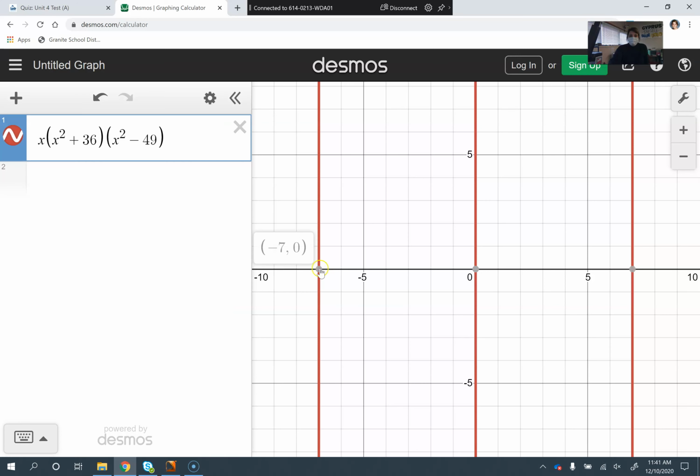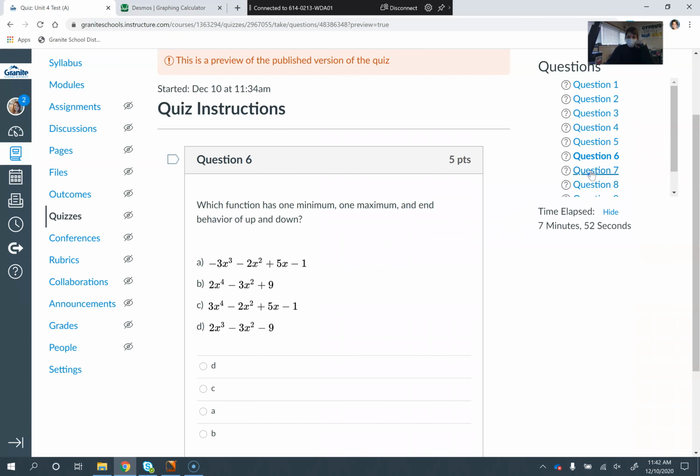And what I'm seeing is only 3 x-intercepts. So that would tell me that 3 of them are real and 2 of them are imaginary. So either way, this is number 7.